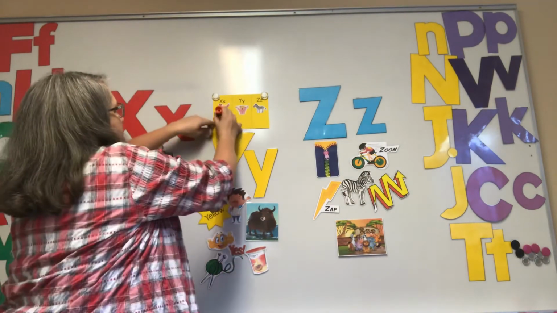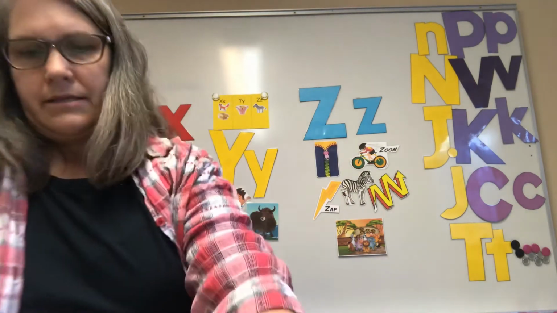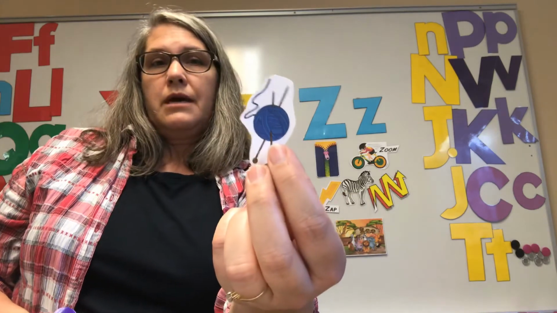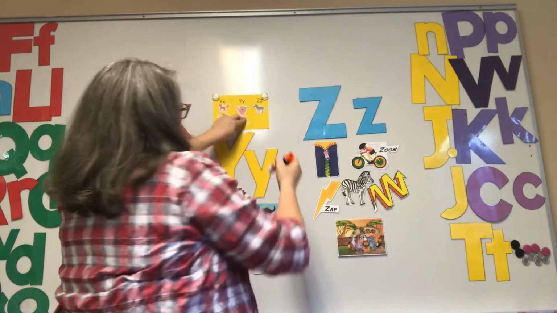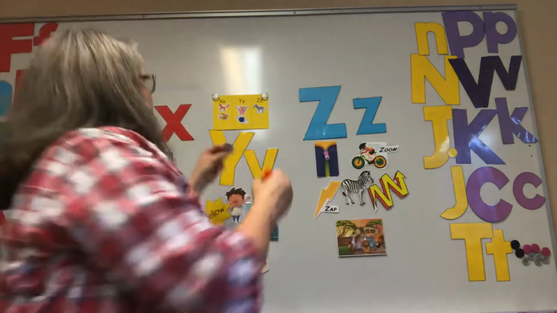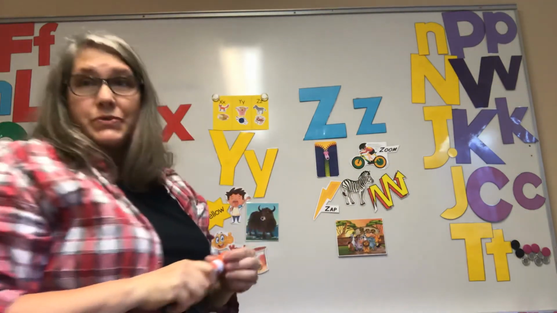Ends with X, like fox. Those two rhyme. Box, fox. And some yarn. Starts with Y. And the last one is lightning strike, says zap. That goes on the Z. Hey, go and do your handout.